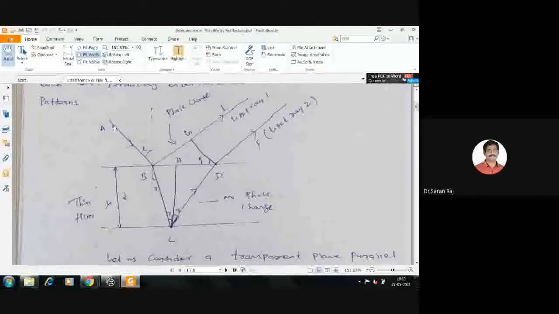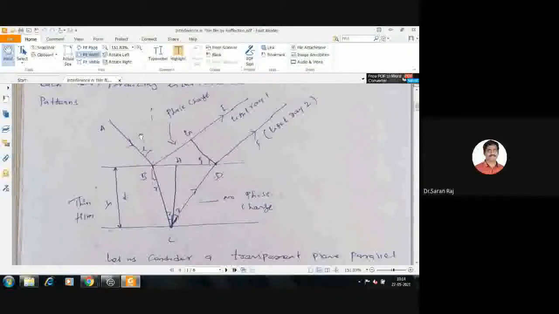The light from A falls on point B. At this point B, some amount of light is reflected and some amount is transmitted. In this case we are only speaking about the reflected light and the transmitted light. At B, some amount of light is reflected, and that is the first ray of light, moving in the E direction.